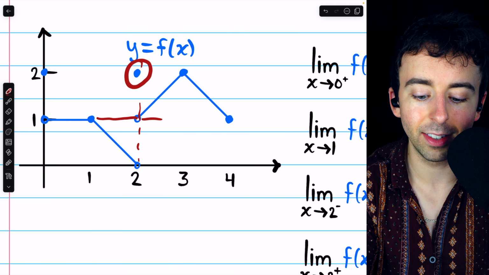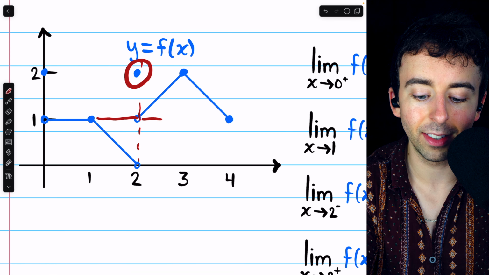And of course, this bizarre behavior of the function is very apparent in the graph at x equals 2. There's a whole lot of junk going on there. Then we're asked to find the limit of the function as x approaches 3. So coming back up to our graph, this is the horizontal position of 3, so we need to think about what's happening to the y values as we approach 3, both from the left and from the right.